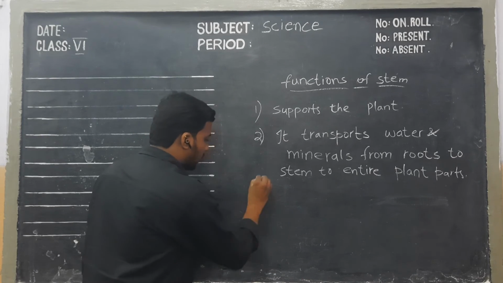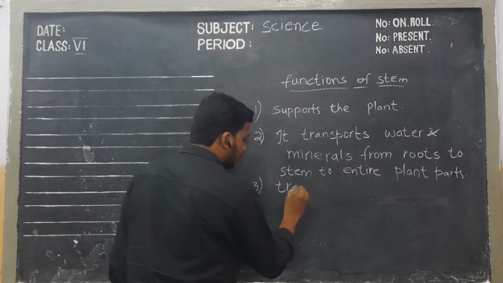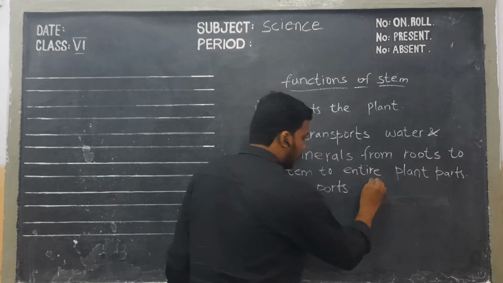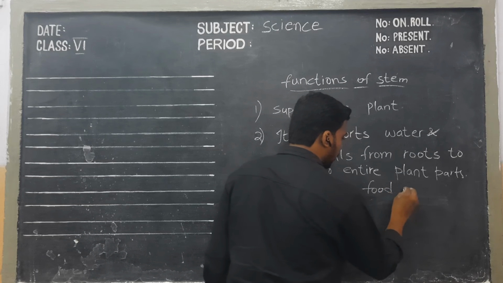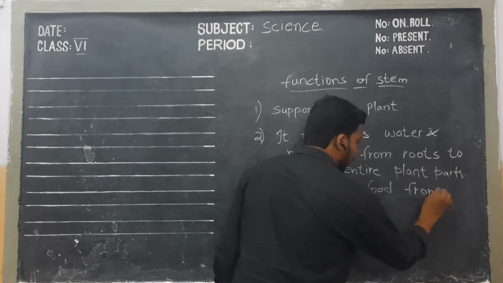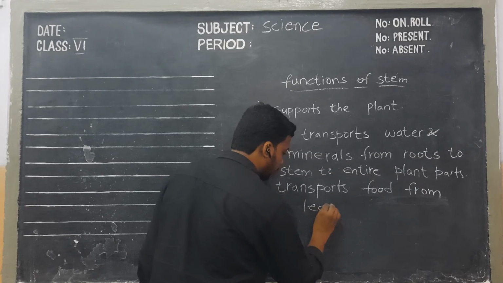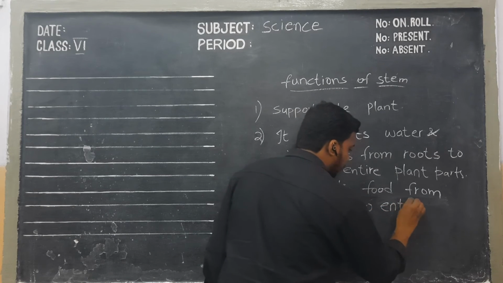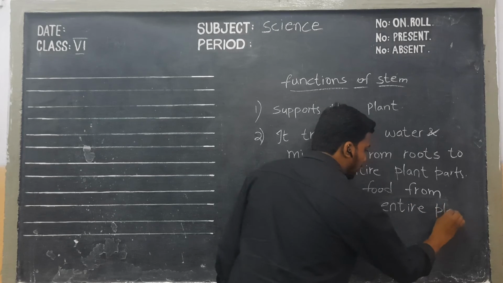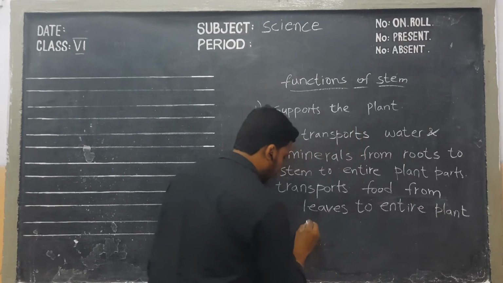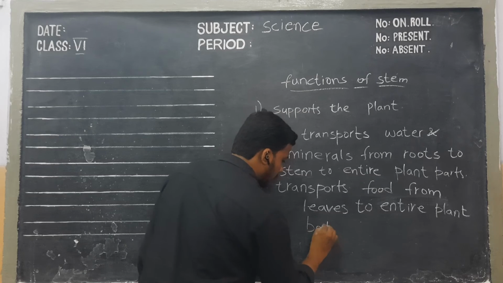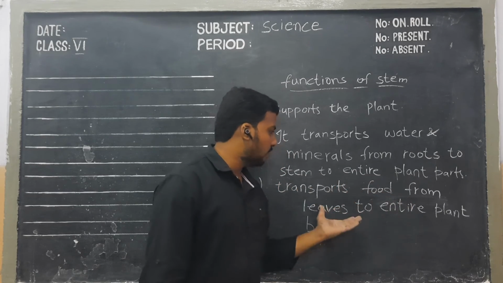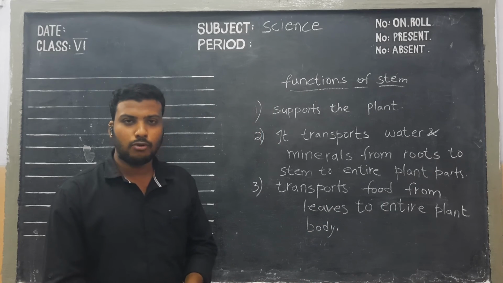Next, again, it transports food from leaves to the entire plant body. Children, you may get confused. Transports food from leaves. How does the leaf produce food?